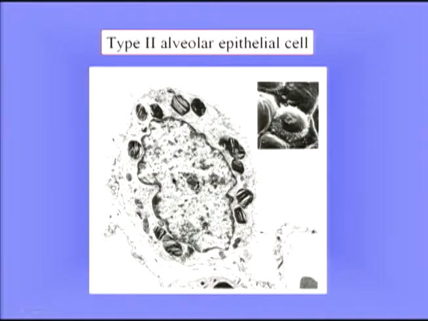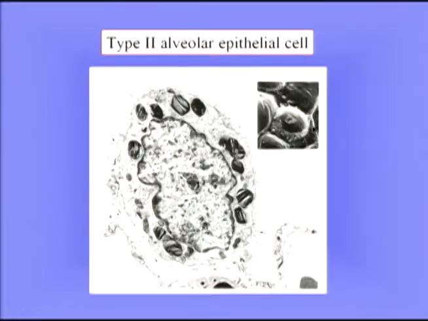The type 2 cells are very active, have a very large nucleus, as you can see, and they also, incidentally, are important in repair, because if the type 1 cells are destroyed by some pathological process, their place is taken by type 2 alveolar epithelial cells, which then transform into type 1 cells, it's believed. The little inset here just shows a scanning electron micrograph, and again you can see the microvilli around the edge of the type 2 cell, which are characteristic.